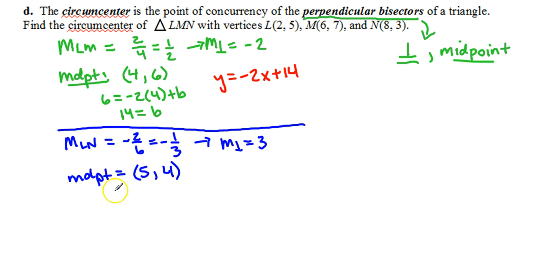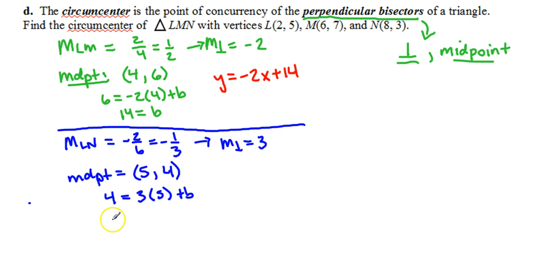We need to go through again. I'm going to write it in slope-intercept so that it's easy when I go to find the intersection. I can just set those two equations equal. So I've got 4 equals, there's my y, 4 equals slope times my x plus b.